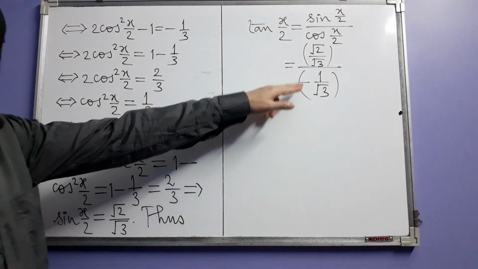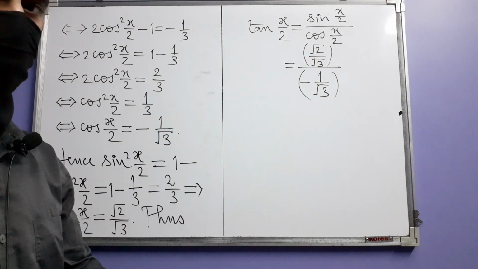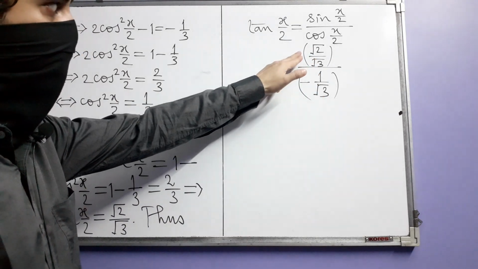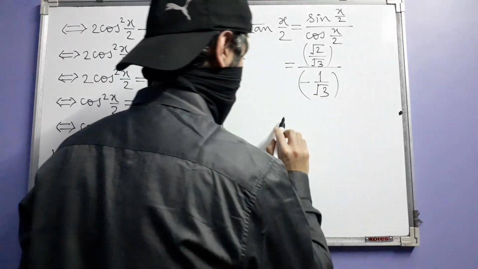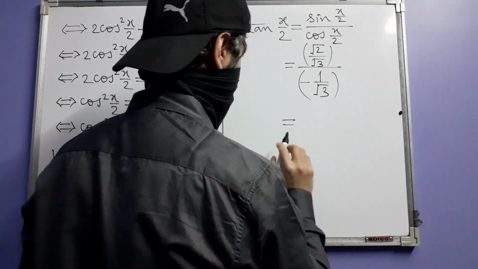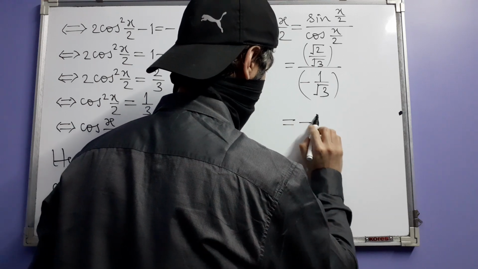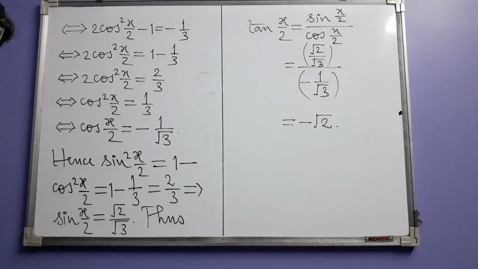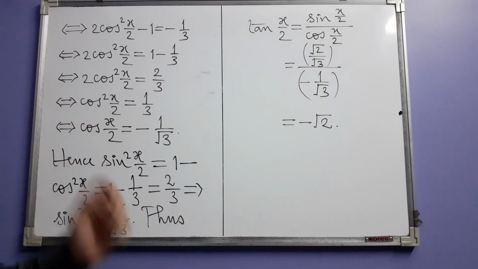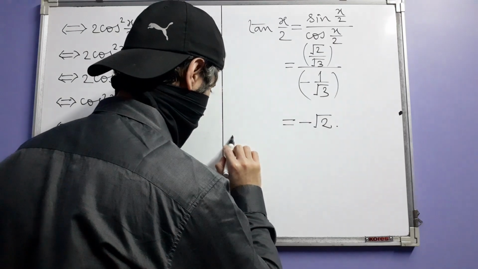This type of ratios may look confusing, that's why it's a good idea to use brackets. After cancellation, you get minus square root of 2. And there is one more, this is the last one.